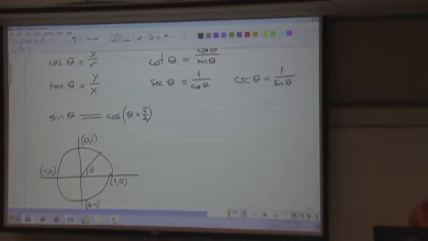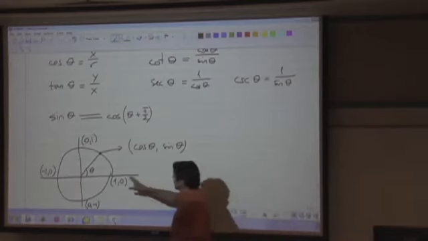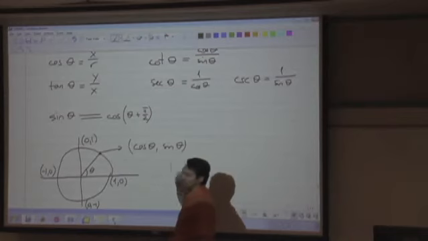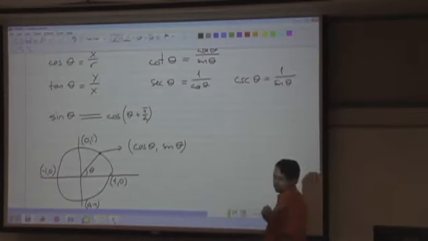If this is an angle theta, what can I say about this particular point over here? Do you remember how we set things up, or not really? Not really? That's how the trigonometric circle works. Any point x and y will have coordinates cosine of theta and sine of theta. Okay?